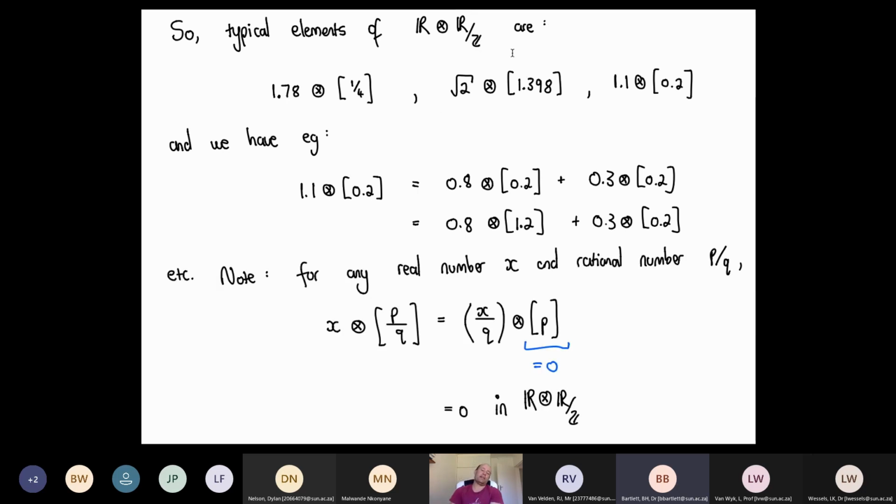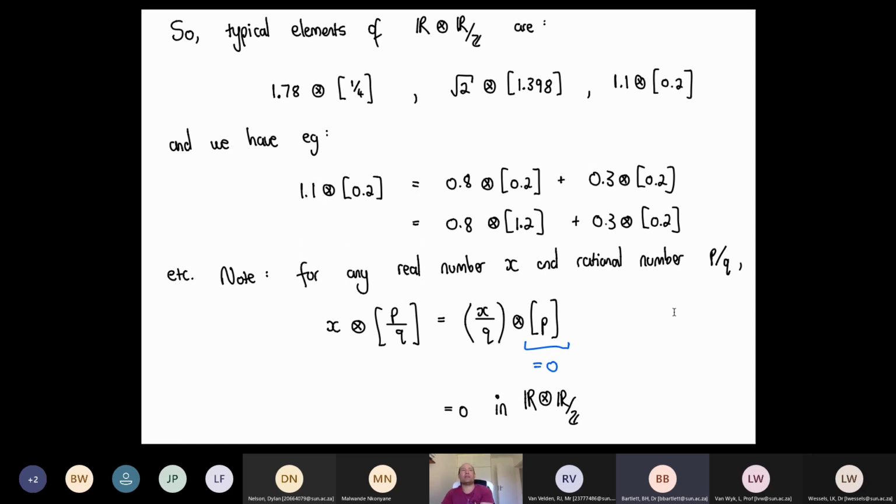One important thing to note here is that for any real number x and any rational number p over q, inside this abelian group, R tensor R mod Z, we have that x tensor the equivalence class of p over q. Well, if you look at the way you can manipulate these things, you can take that over q essentially outside and then put it back into the x. So it's the same as x over q tensored with the equivalence class of p.